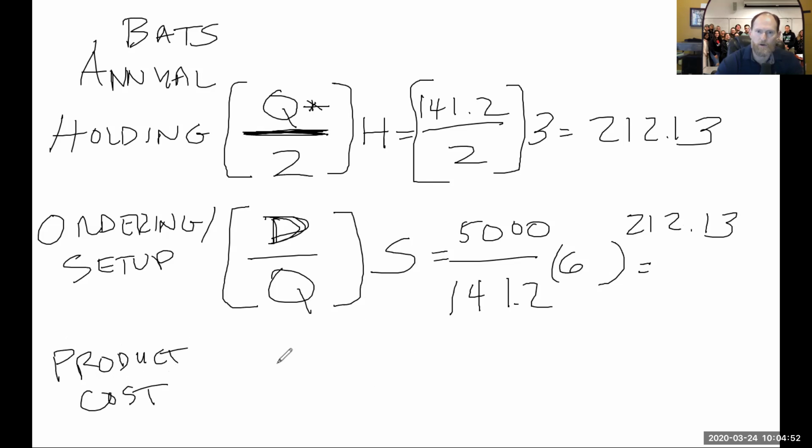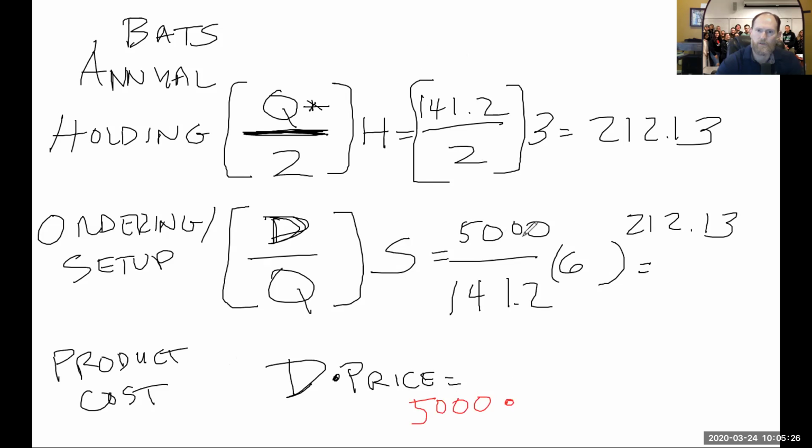Okay, and the product cost is equal to the amount that we need times the price that our supplier is charging us. Now, do not confuse price with setup ordering costs or anything else. Price is price. So in this example, I didn't tell you it on the other screen, but we have demand. This I told you, 5,000.